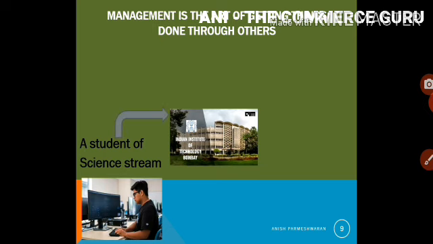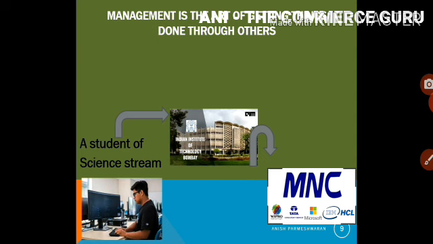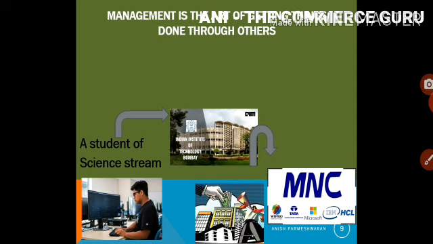After completing the course in the IIT, naturally their expectation is to get a placement in the MNCs, multinational companies. No doubt they will be offered a very high salary package. They will be happy with that. But dear students, have you ever thought under whom these engineers are going to work?